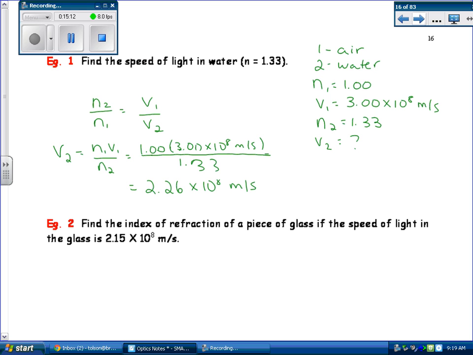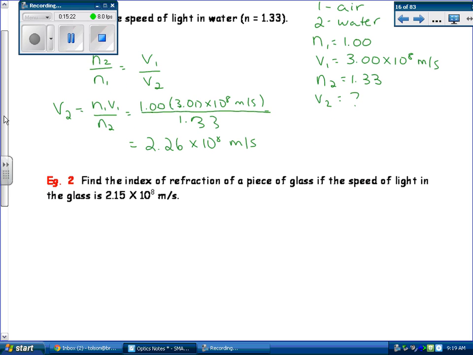Any questions so far about that? Seems pretty straightforward, not too difficult. Okay, so what basically happens is that when all you're given is a single piece of information about one medium, like in the first one it was water, and the second one now we're talking about glass, and you're given no information about the other medium, then just use air.